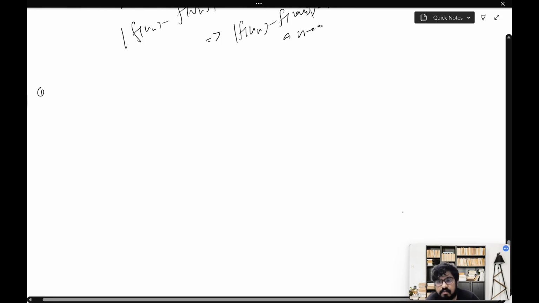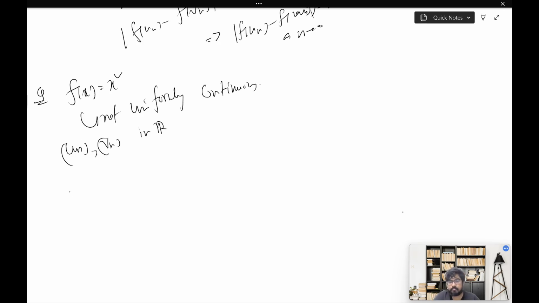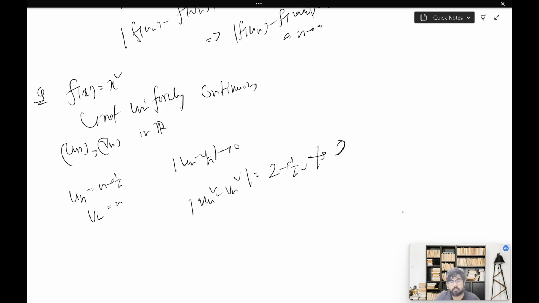So f(x) equals x squared is not uniformly continuous. Consider the sequences u_n and v_n in R, where u_n is equal to n plus 1 by n and v_n is equal to n.